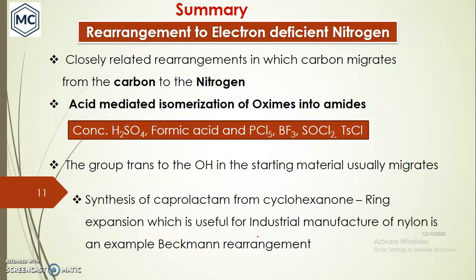Okay. And in summary, we have learned a rearrangement reaction to electron deficient nitrogen, and it is closely related to rearrangements in which the carbon migrates from the carbon to the nitrogen.